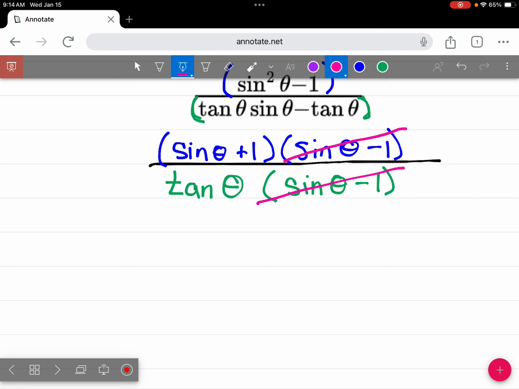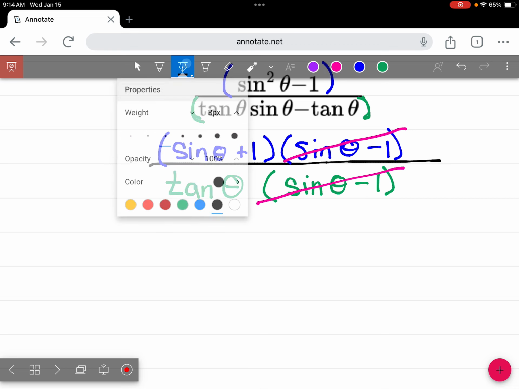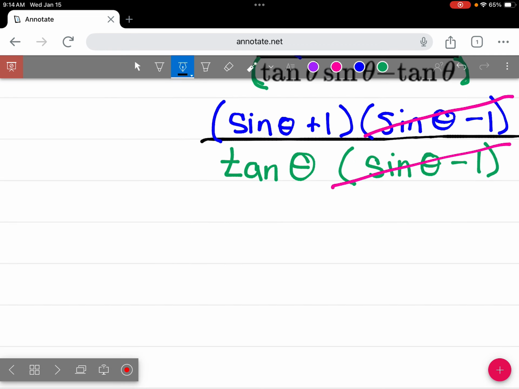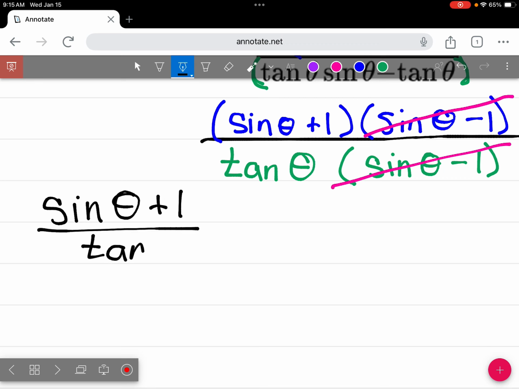And we are left with, let's see, I'm gonna put it over here just so we're really clear where things are. Sine theta plus 1 over tangent theta. And we know we're gonna try and switch things back into sine and cosine, so I'd really rather not have fractions of fractions.